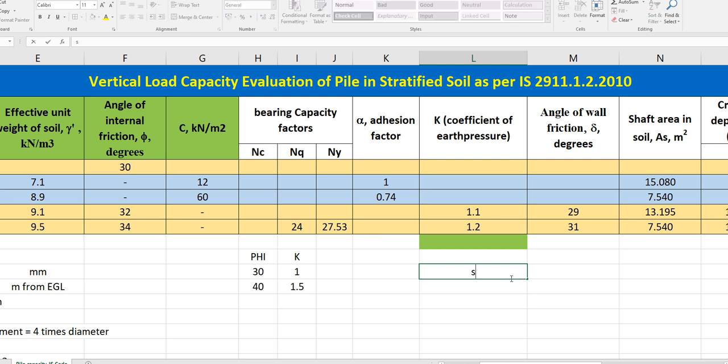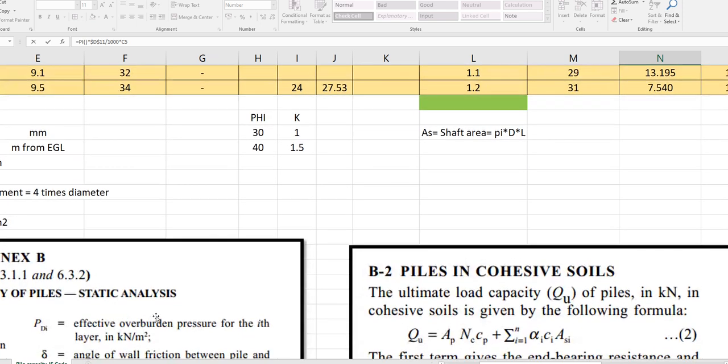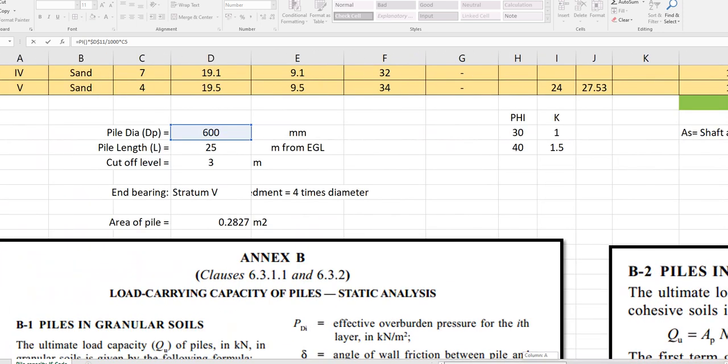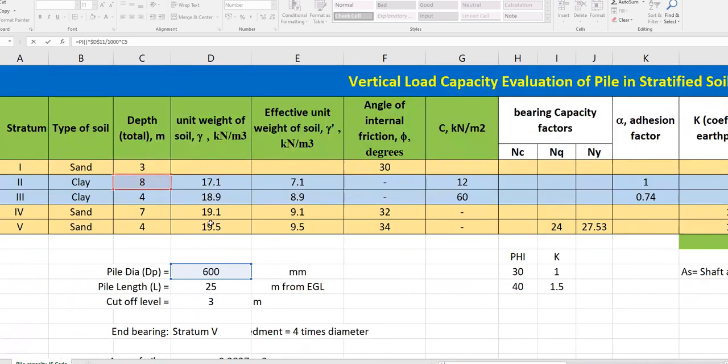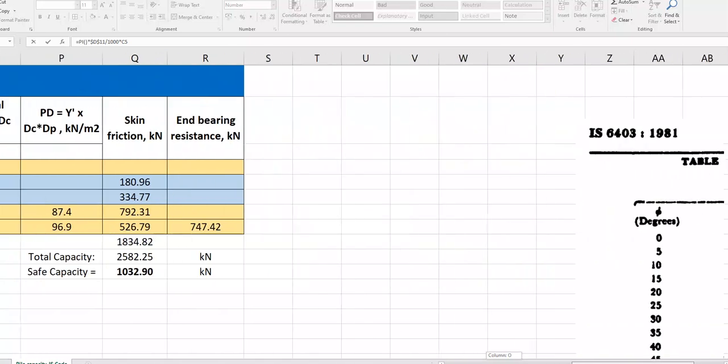So the shaft area A_s is nothing but pi into D into L, where pi we already know, D is the diameter of the pile and L is the thickness of the stratum. So let's see what is there in the formula. Here we have pi into this D11. What is D11? This is the pile diameter, 600. We have assumed a pile of 600 mm diameter.